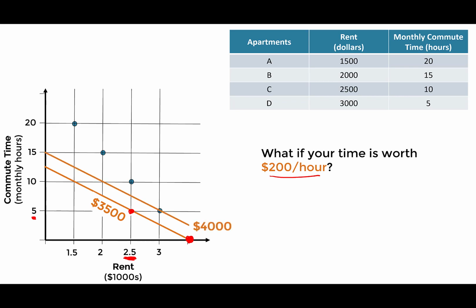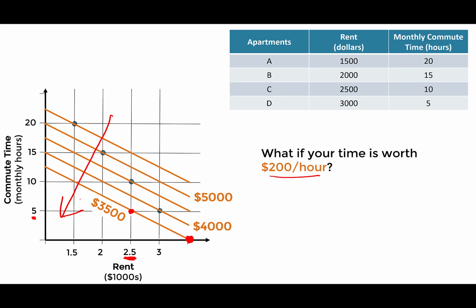We can keep making other ISO preference lines at $200 an hour, and this is what they would look like, all in parallel, and getting more expensive as I just drew them, or from up here down to here, getting less expensive. And so now our 4 apartments are on 4 different ISO preference lines, and the one that is the furthest down to the left, because we're trying to minimize our cost, is this one, apartment D, just as we found it before in the table.